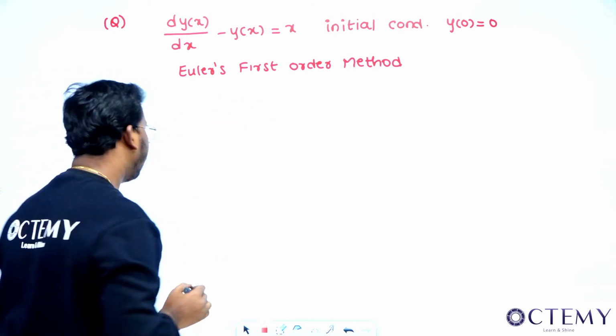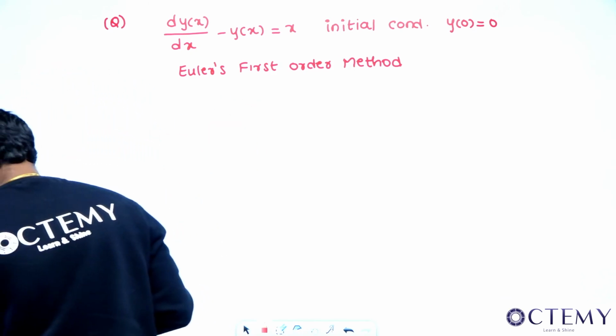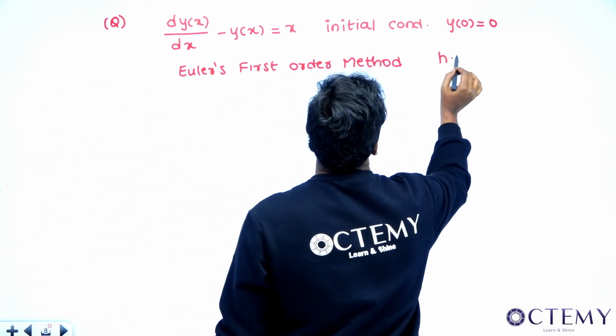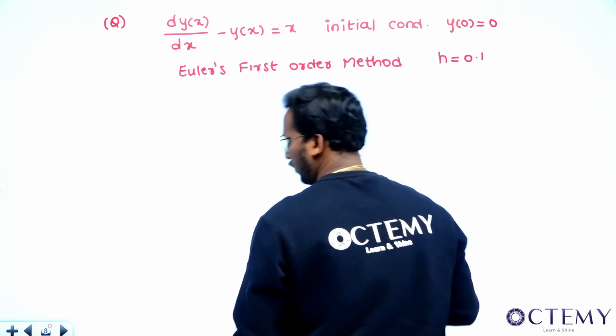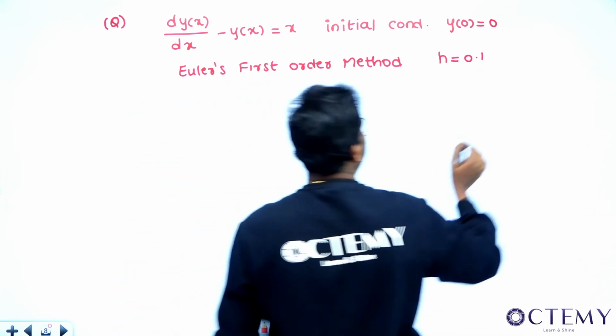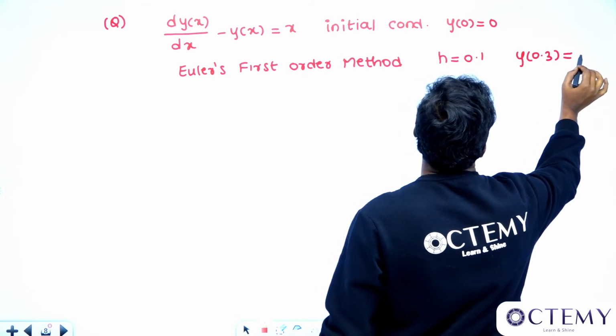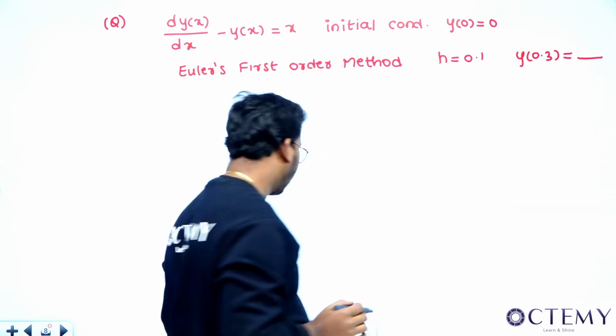I will tell you the meaning of order later. With a step size of 0.1, that is, h is equal to 0.1, what we have to find is the value of y of 0.3.